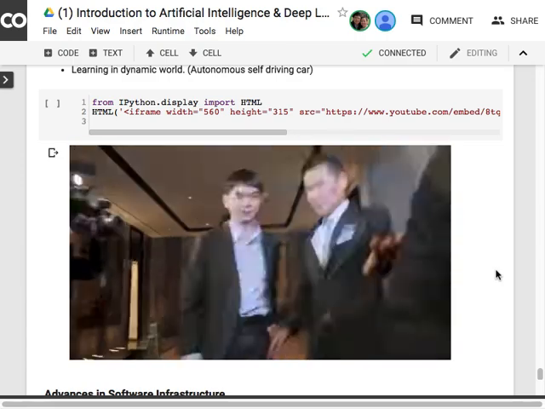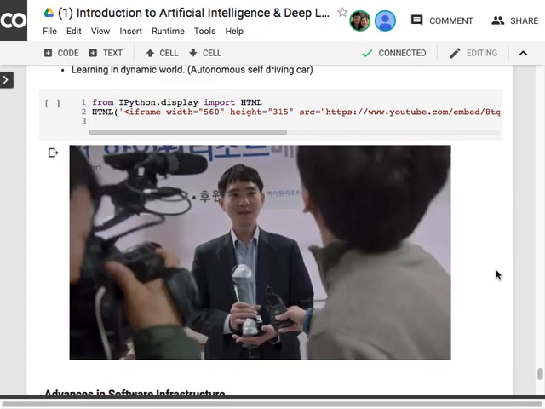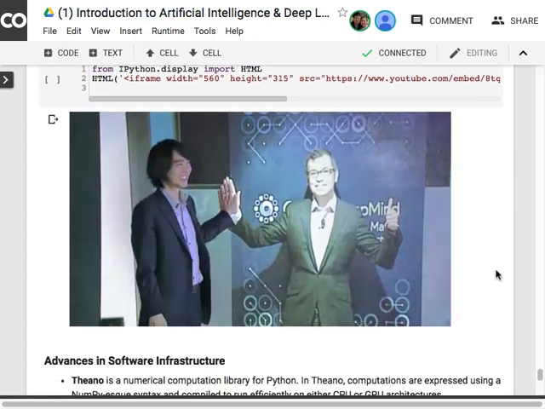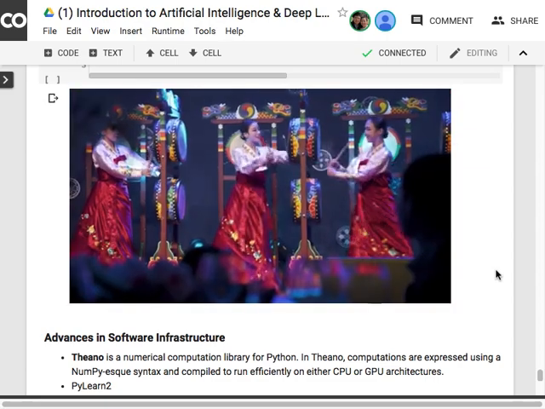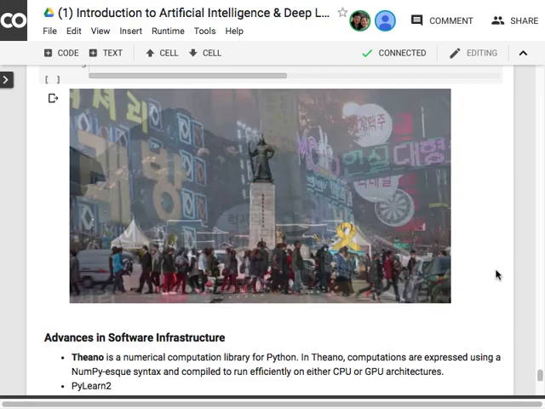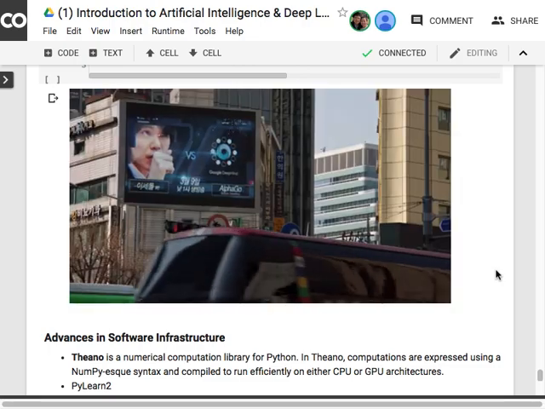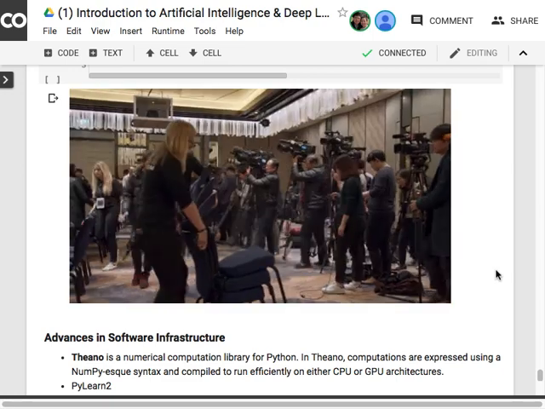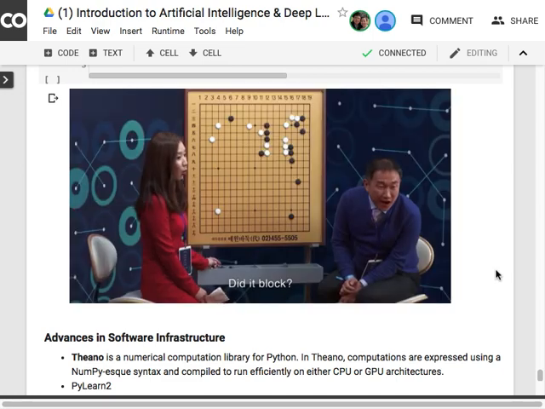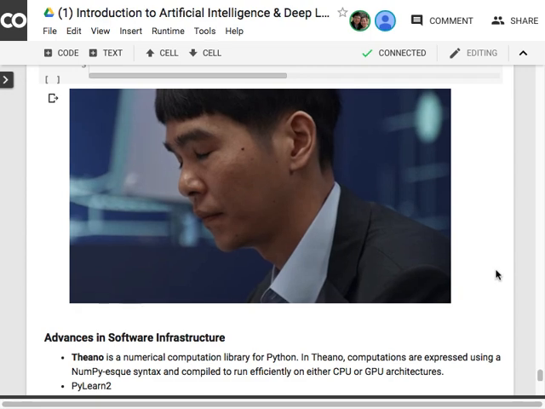A match like no other is about to get underway in South Korea. Lee Sedol is to Go what Roger Federer is to tennis. Just the very thought of a machine playing a human is inherently intriguing. The place is a madhouse. Welcome to the DeepMind Challenge. The whole world's watching. Can Lee Sedol find AlphaGo's weakness? Is there, in fact, a weakness?